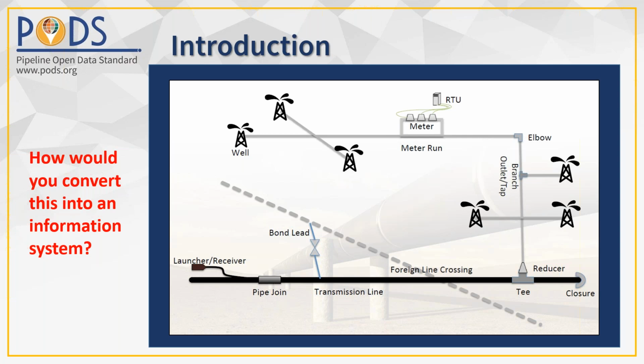And so the question is, how do you convert all of this information and all the ancillary information into an information system? How do you not only document the location and the specifics of each and every type of asset here, and then how do you manage it over time? How do you perhaps do modeling with it, predictions for the future, and so on and so forth?